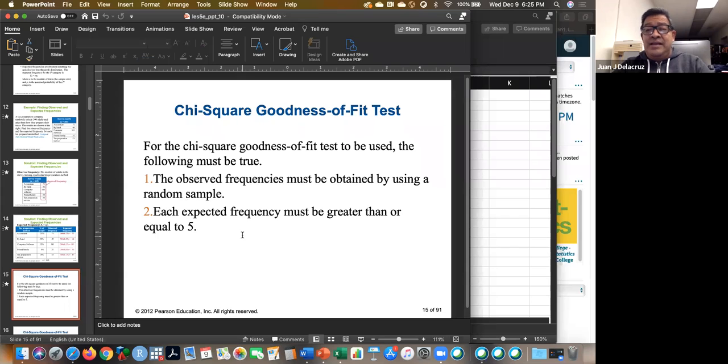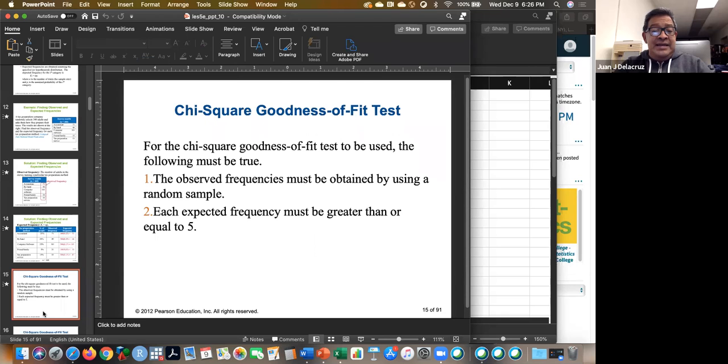When they are not greater than 5, we cannot perform this chi-square test. Be very mindful about that, because if I multiply the sample size times the probability of each one, and one of the expected frequencies happens to be less than 5, I cannot perform the chi-square goodness of fit test.